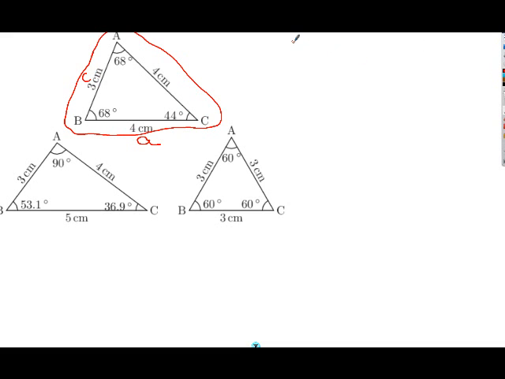Now what we're going to do is look at the sine of angle A, and divide it by the length of side A, and that should be equal to, we should get the same number if we do the same thing with angle C and divide it by length C. Now these numbers on the triangle have been rounded a little bit, so the number we get should be very, very close, but it might be just a little bit different.